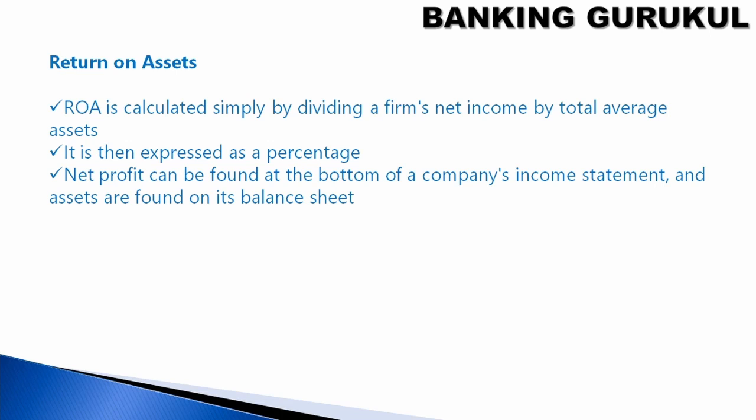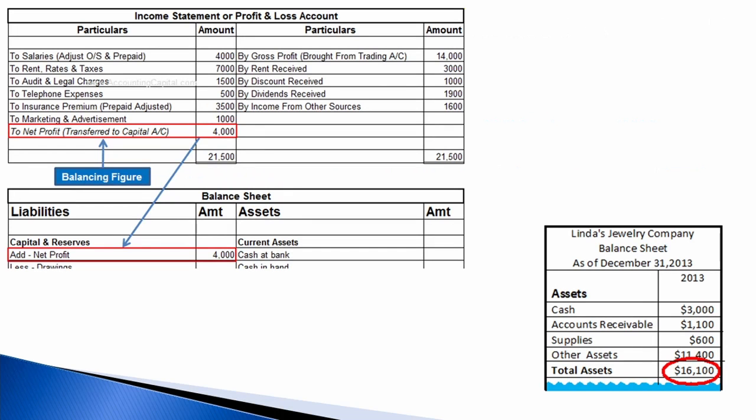Net profit can be found at the bottom of the company's income statement. So net profit you can get from the income statement and assets are found in the balance sheet. So you will get the total assets in the balance sheet. As mentioned in the previous slide, you can get the net profit from the income statement and the total assets from the balance sheet.